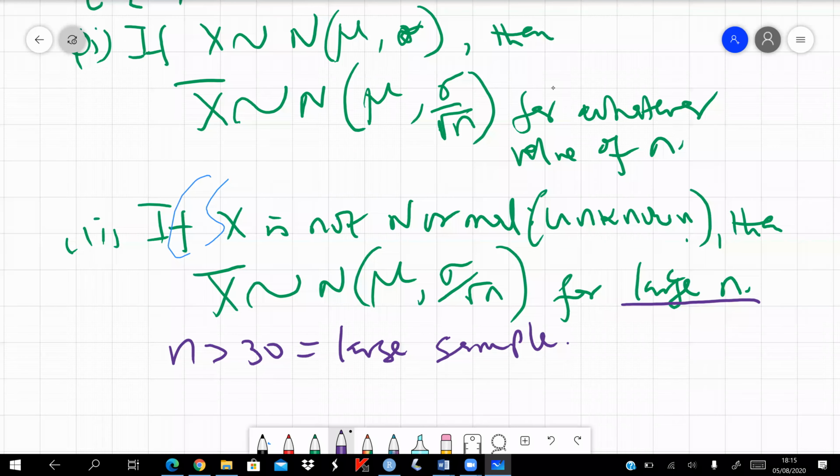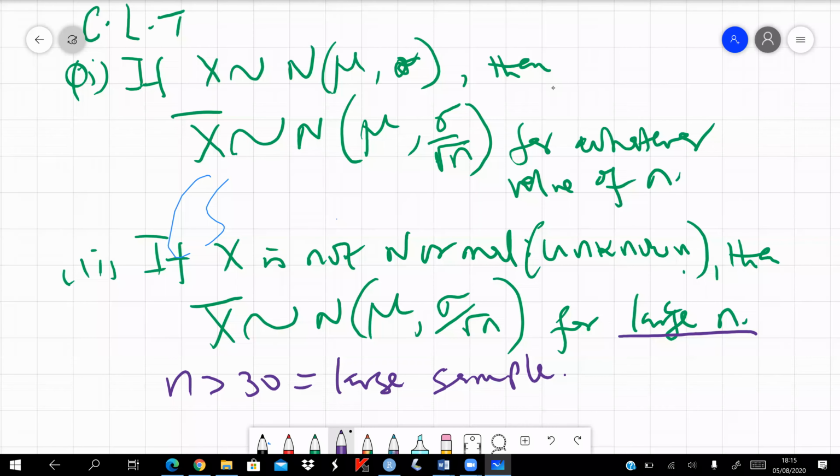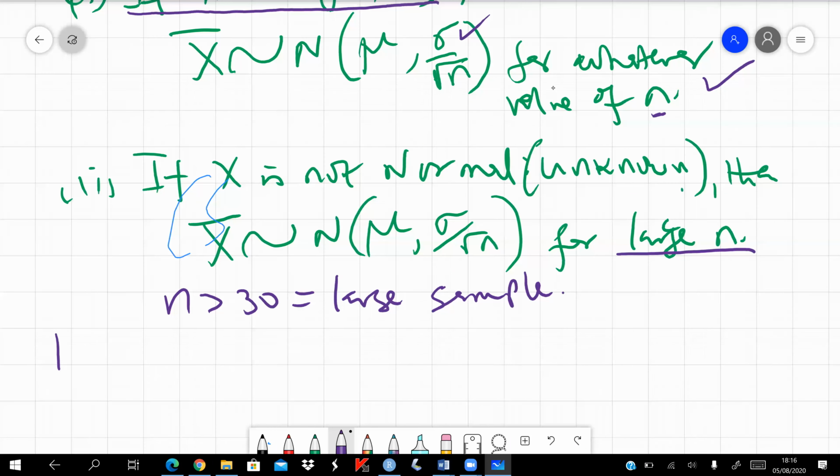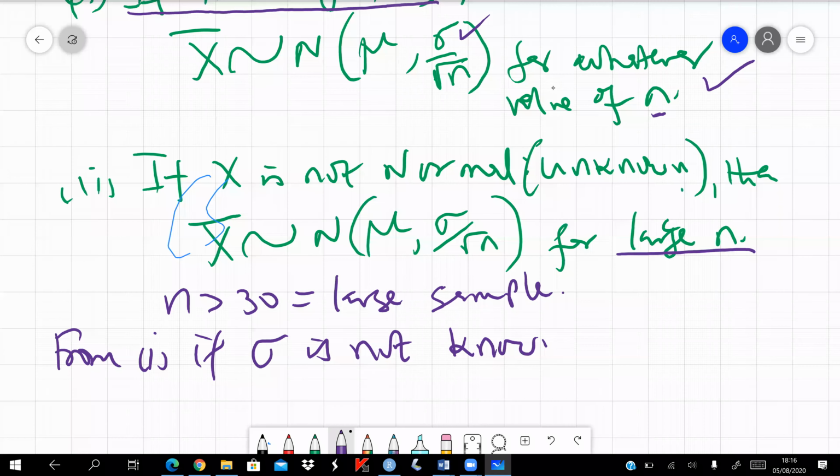But now there comes a time when the first statement is true, so we want to assume this, but sigma is not known. If sigma is not known and n is small, there are two things there.